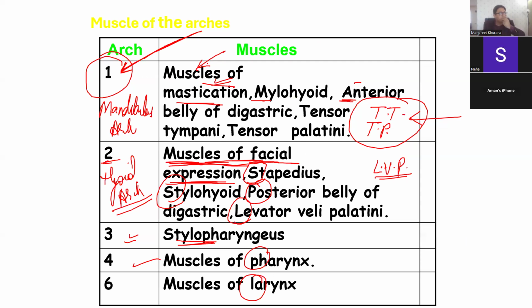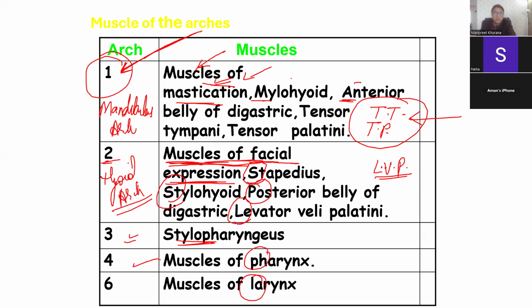Mandibular branch of trigeminal nerve. Very nice. Now you will never be confused in the nerve supply, right? All the muscles of mastication are supplied by the mandibular branch of the trigeminal nerve.